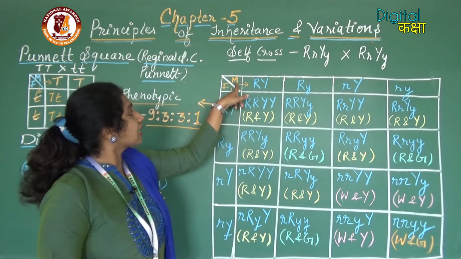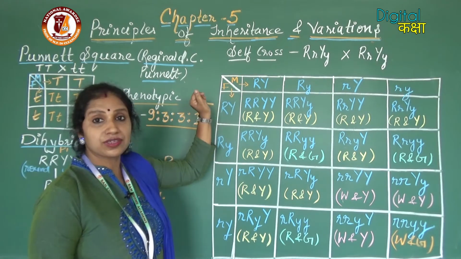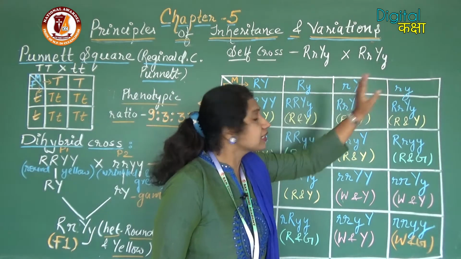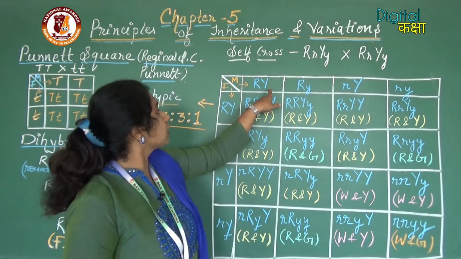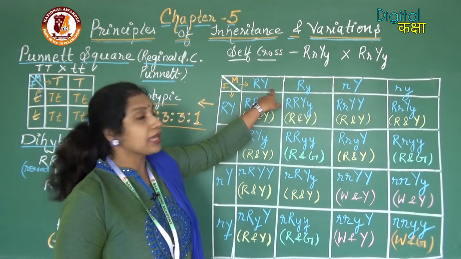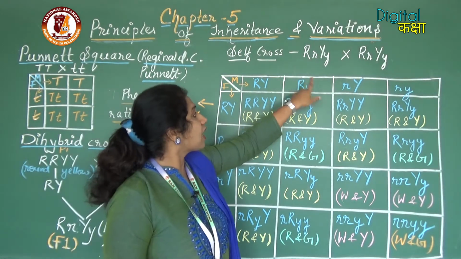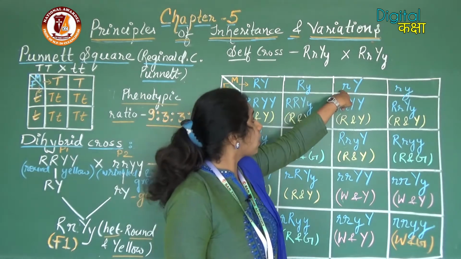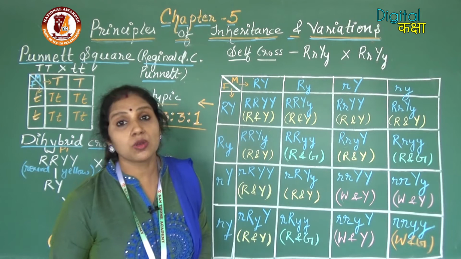You can see that at the corner we have represented the male and the female, and here we have written the possible combinations of the gametes: capital R capital Y, capital R small y, small r capital Y, and small r small y.